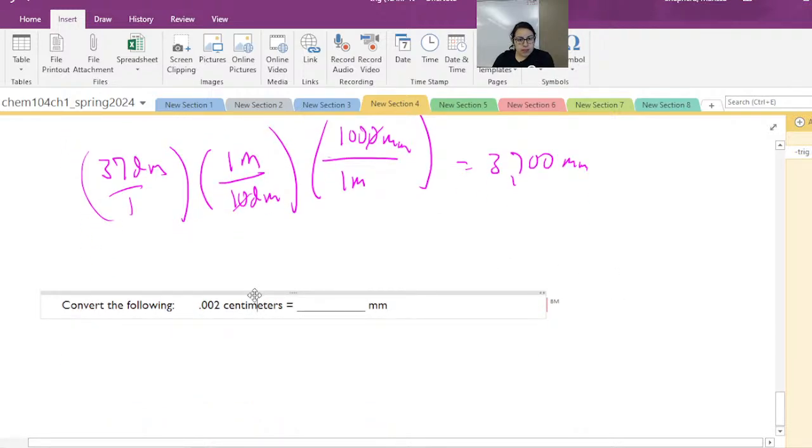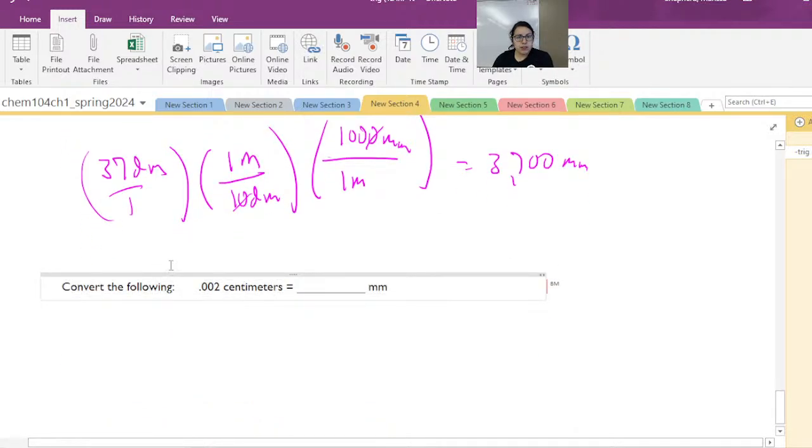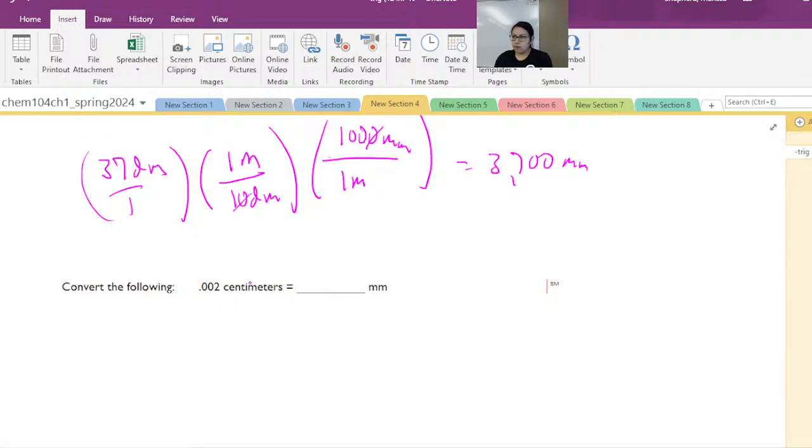And then what about this last one? So centimeters to millimeters. So a couple of different things you could do with this one. What approaches did we take?